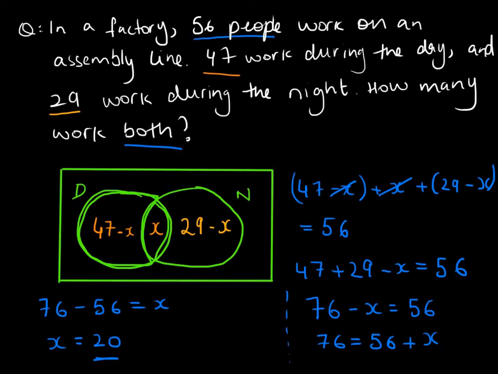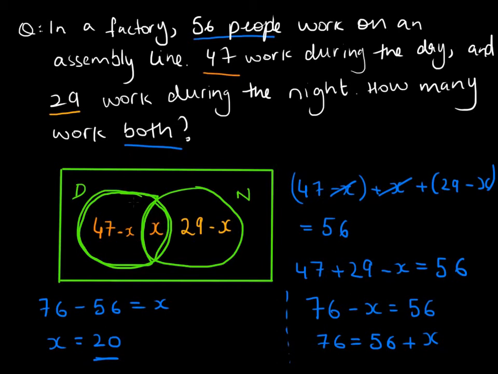The approach to tackling problems like this is to assign a variable to one of the unknown values and then work your way through the problem to get every other value in terms of that unknown value wherever applicable. So in this instance, the unknown value was the number of workers who work both during the day and during the night.